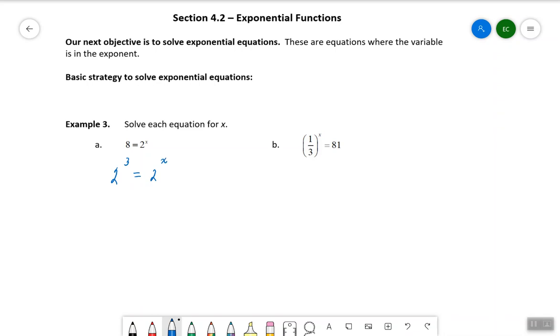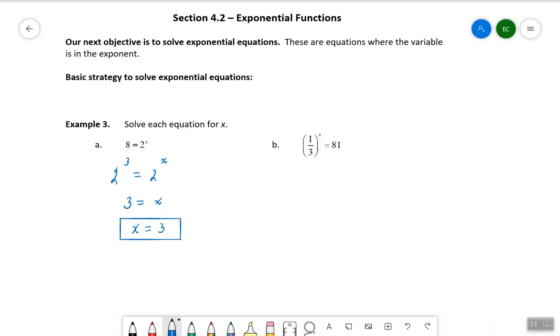And now I have 2 to the third equals 2 to the x. And so maybe it's clear to you now that if the bases are equal, then the exponents must be equal. There's no way x can be anything else except for 3. So we'll have 3 equals x, or you could even write x equals 3.